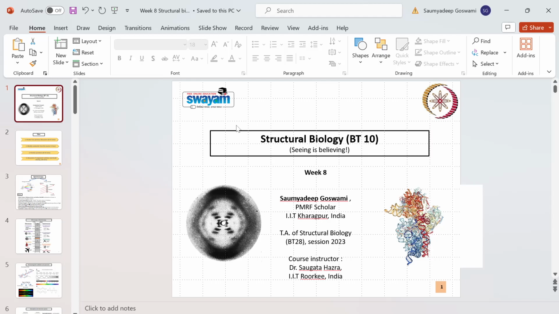In a nutshell, what we have discussed till now are the basic biochemistry techniques which are important to visualize the structures, basic cloning techniques, and then we went forward to look into the different 3D imaging techniques where we can get the three-dimensional structures of proteins or any biomolecules.